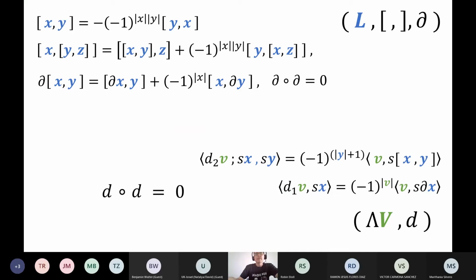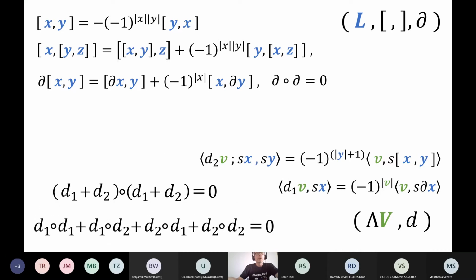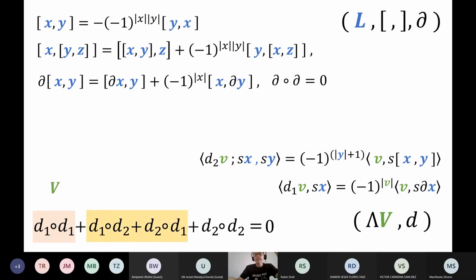So we have, by distribution, these four terms. Well, D1 D1 lives in the generators of the vector space. These two terms live in the word length 2 elements of the CDGA, and this lives in word length 3 elements.